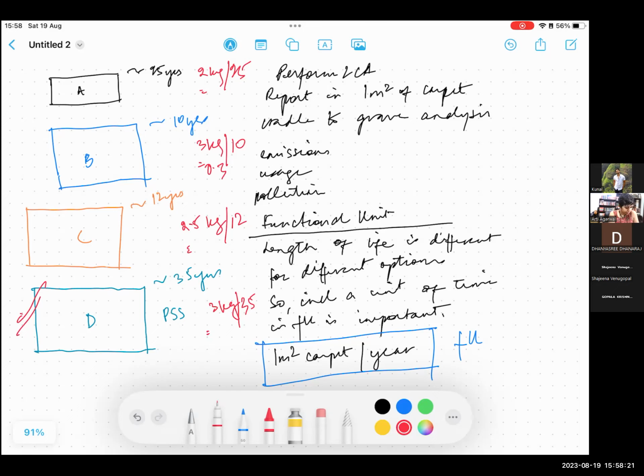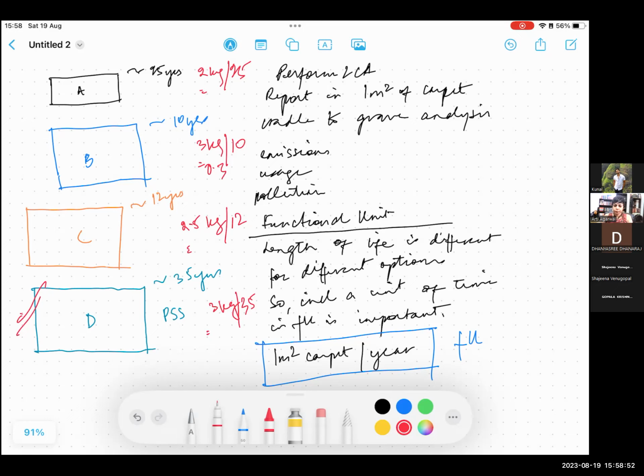Yes, so 3 by 35 will probably come out to be the best option in all of these. That is because I chose that to be the PSS system, since its life is generally much longer. That is how you can see that in a PSS system, just by elongating its lifeline, sometimes you can improve upon it. I was just trying to make that point.